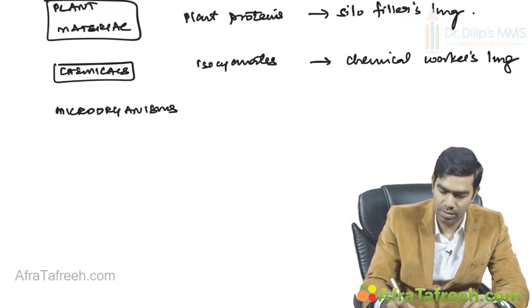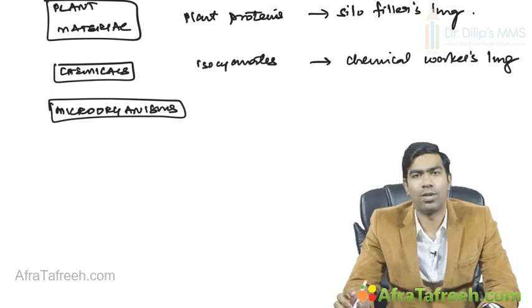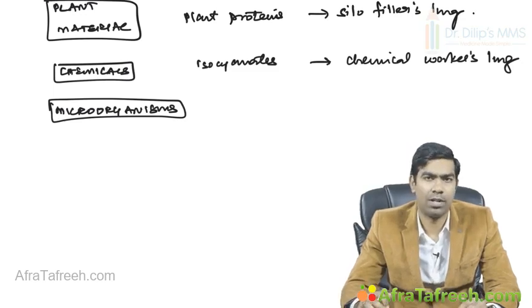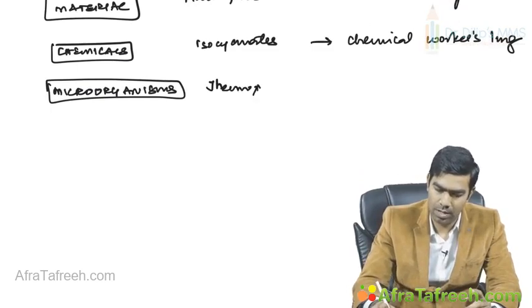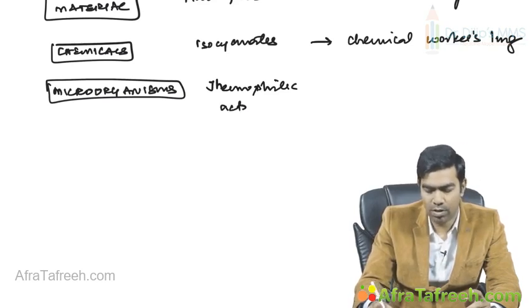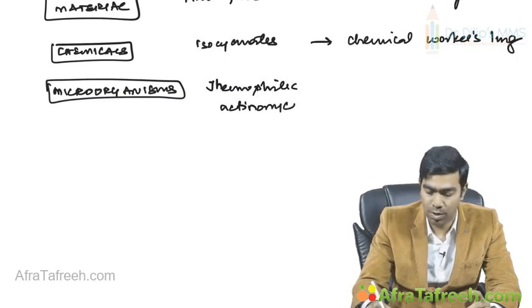Clear? So the next is the biggest group that is caused by microorganisms. Lot of microorganisms. The most important of all, and they're going to ask in the exam, is thermophilic actinomyces. And there are a lot of microorganisms that come under this thermophilic actinomyces group. What are the microorganisms?